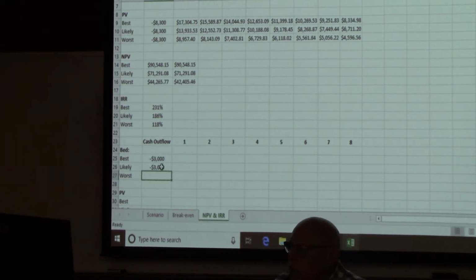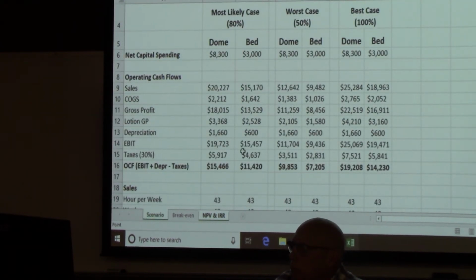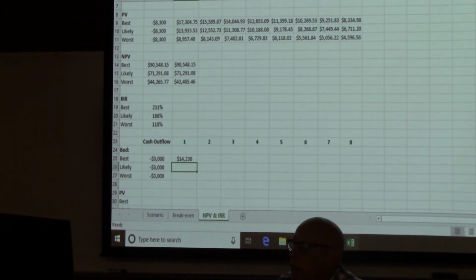And there we go. Now, the cash inflow under the best case scenario is 14,230. Okay. Now we have to anchor that.